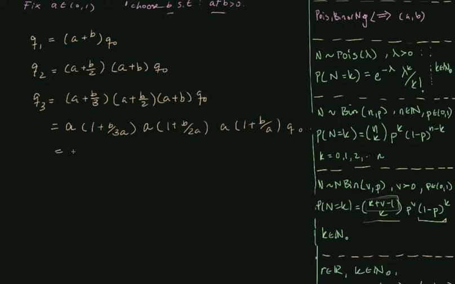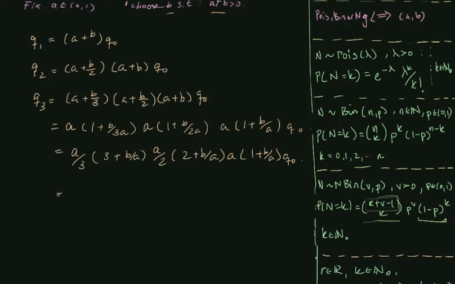So I can see that I have A here, and now I can try to factor out the divided by 3. So I have 3 plus B over A. And then I have A, I factor out the divided by 2, and then I have 2 plus B over A multiplied by 1 plus B over A, Q0.